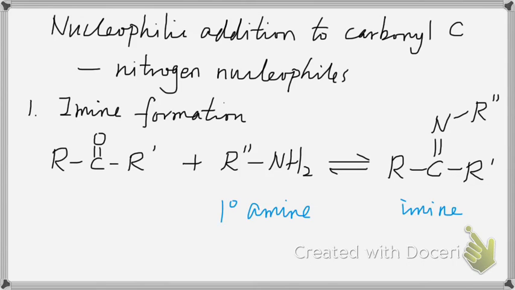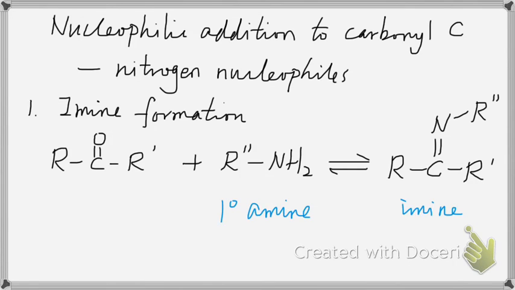But here I do want to give a brief introduction on the classification of amines. Primary amine refers to the compound that has only one carbon attached to the nitrogen. So you are going to look at the nitrogen.